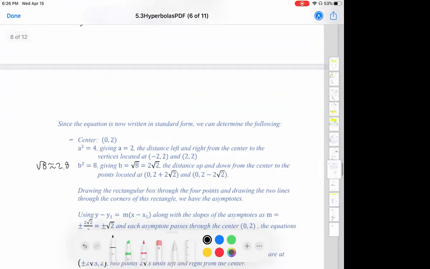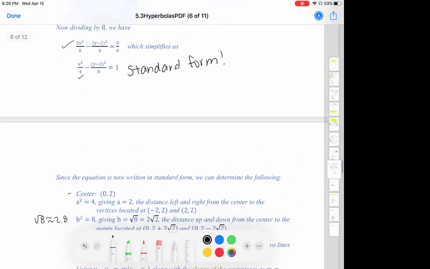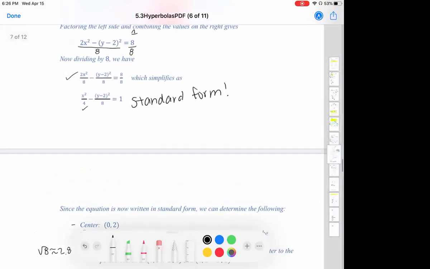All right, so let's draw what we have so far. Okay, so let's draw some points. I might have to add more.